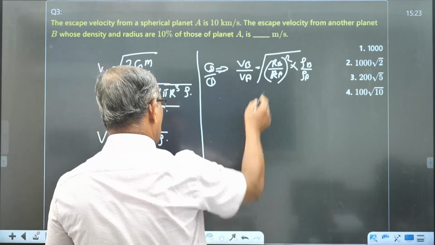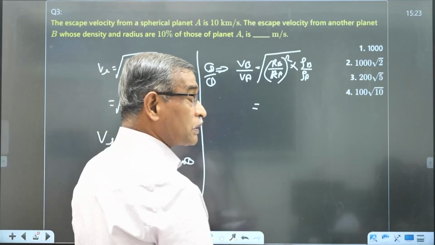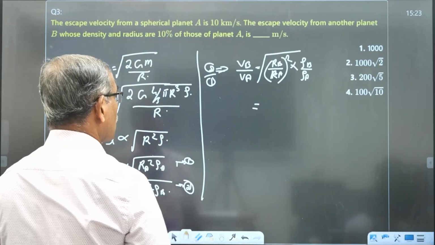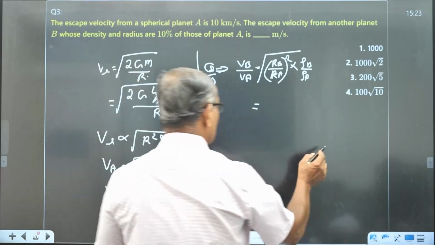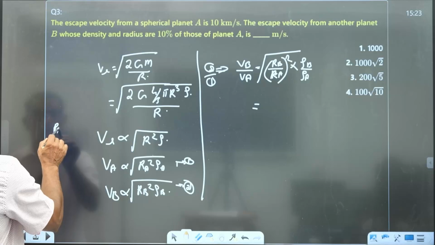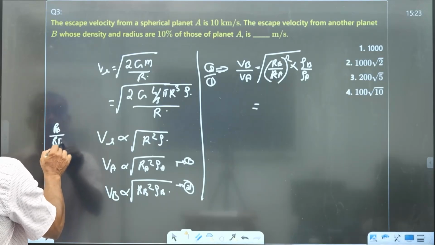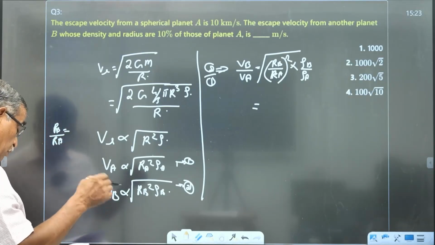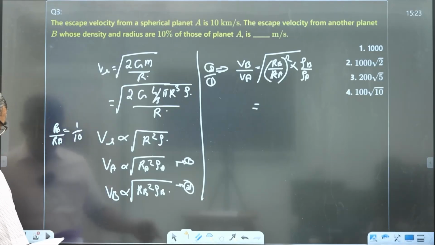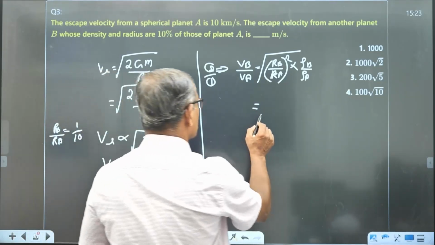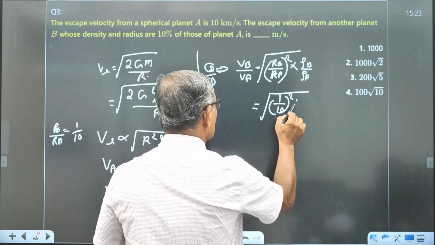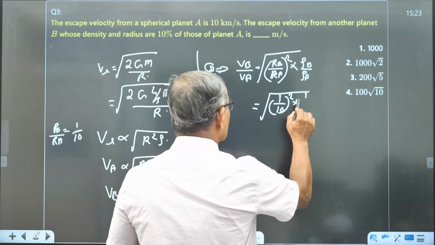And how much is R_B? Only 10 percent. 10 percent means R_B by R_A, as per the statement, is equal to 1 by 10, 0.1. And therefore this is equal to (1 by 10) whole squared into 1 by 10.